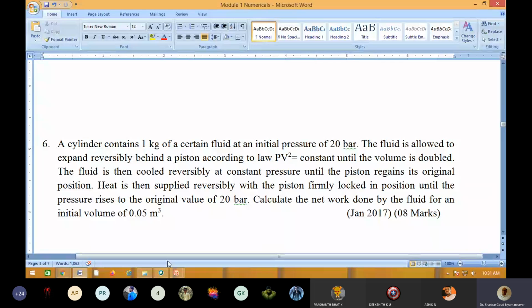Then the second process is constant pressure, volume decrease. That means it has to be a straight line, right? A straight line parallel to the y-axis or x-axis.